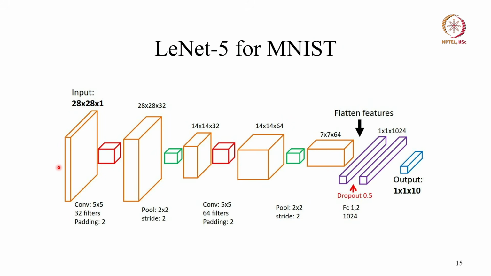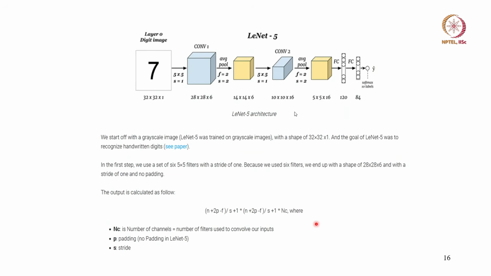So you are using a dropout rate, and then you are going to get 1024 as the size of your vector. And finally, you get the output, which is 1 into 1 into 10, which means you have 10 classes, right? So that is the output that you're getting over here.